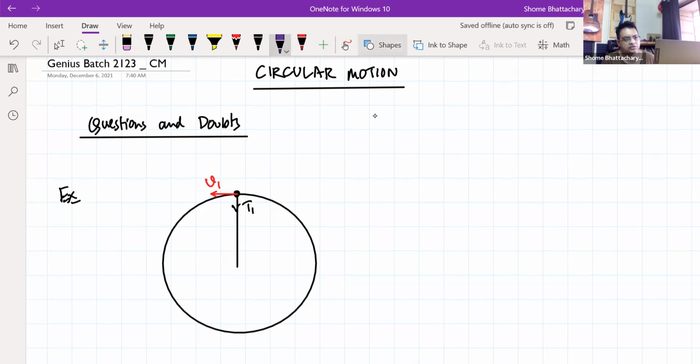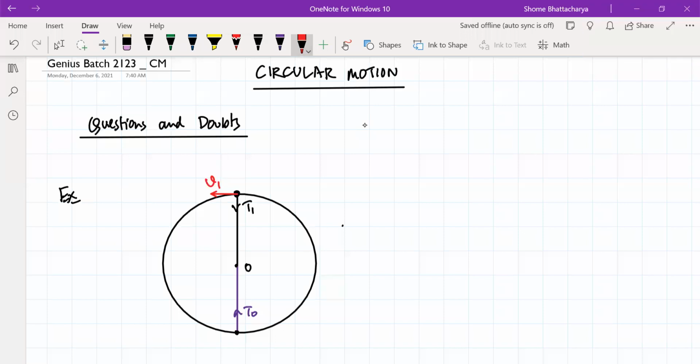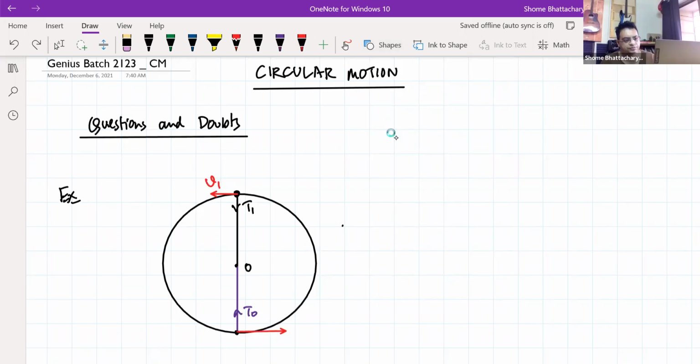Whereas when the particle is at the lowest point, tension is T0 and the velocity of the particle is V0.